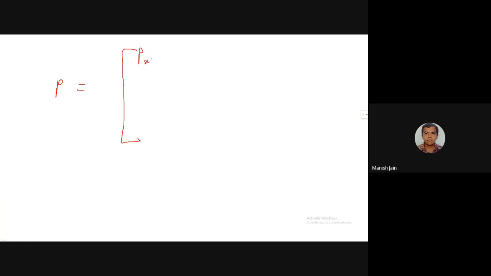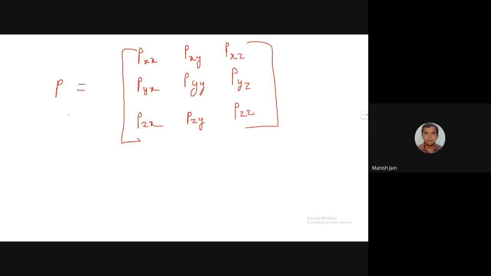So we start with PXX, PXY, PXZ, PYX, PYY, PYZ, PZX, PZY, PZZ. These are the 9 components of the pressure tensor.